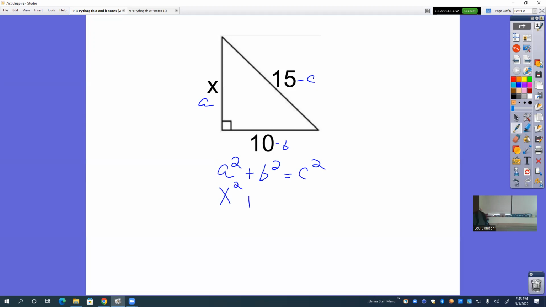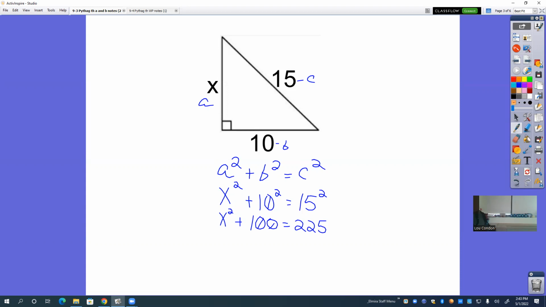So X squared plus 10 squared equals 15 squared. Again, simplify. X squared plus 100 equals 225. And now the only thing that's different today, as you can see, is that the x squared is on the opposite side of the equal sign.